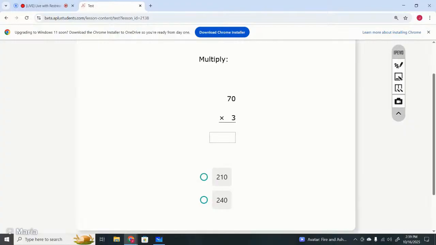That is 210. Option number 1 is the correct option.